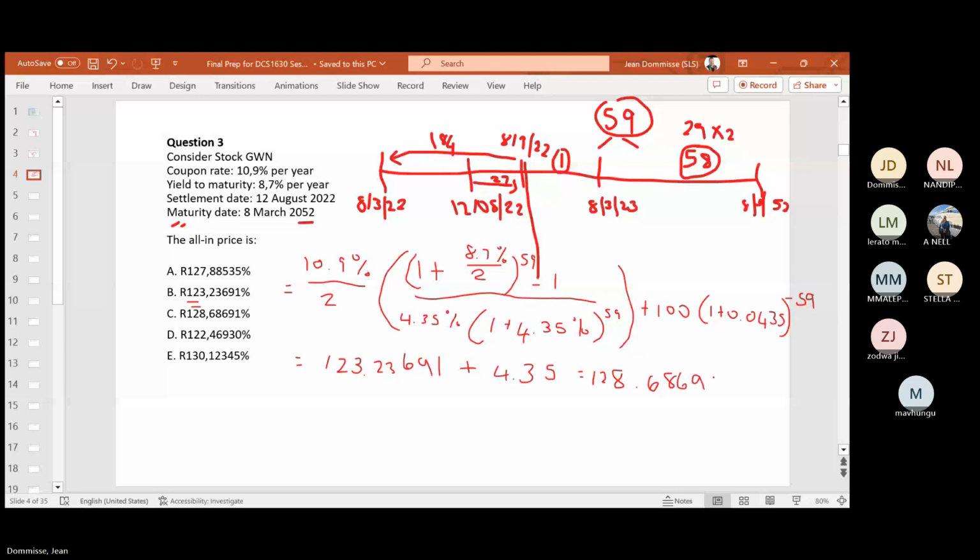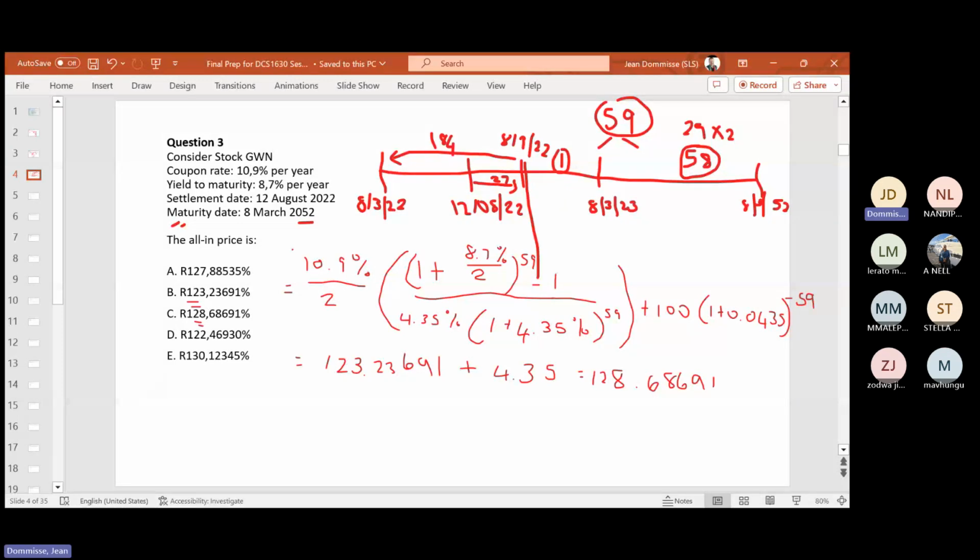But we're not done because we still need to work into this equation with 27 over 184. So for part A, there was the answer. For part B, there was the answer. But now we still need to work out the final with this 27 days taken into account.